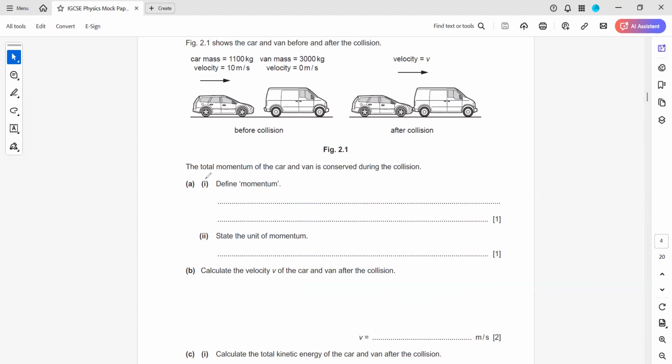The momentum before: the mass is 1100 multiplied by the speed 10, plus the mass 3000 and the velocity 0. No need to put brackets here.